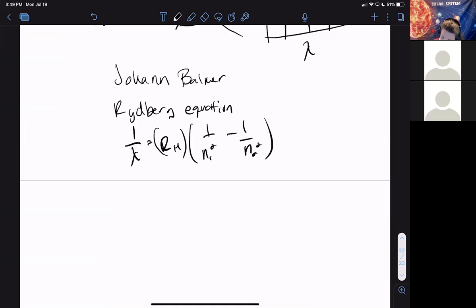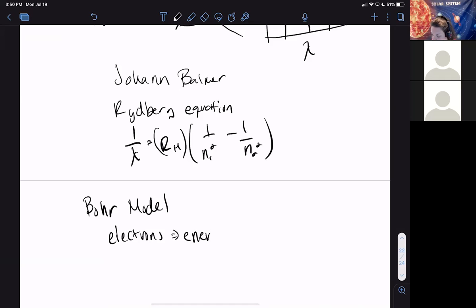Then Bohr took this idea and came up with the Bohr model. So the Bohr model took in the idea that energy is quantized, specifically that electrons' energy is quantized.